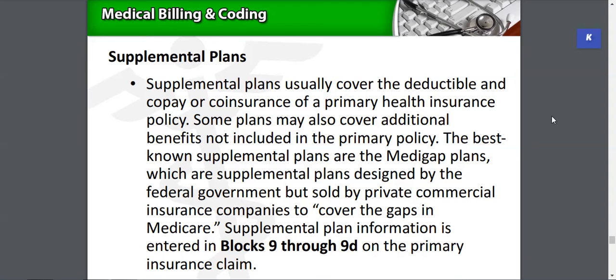Now make sure that you do not get confused between secondary and supplemental. They both use the same blocks, 9 through 9D. And supplemental is not an insurance. It will cover exactly what it says, the deductible and or copay or coinsurance.